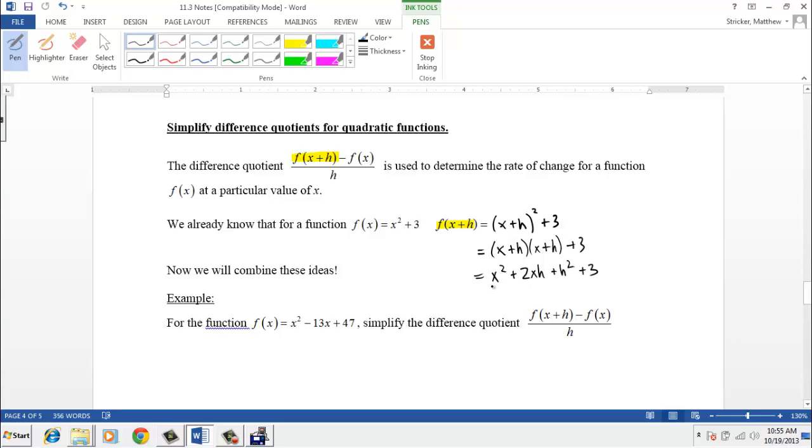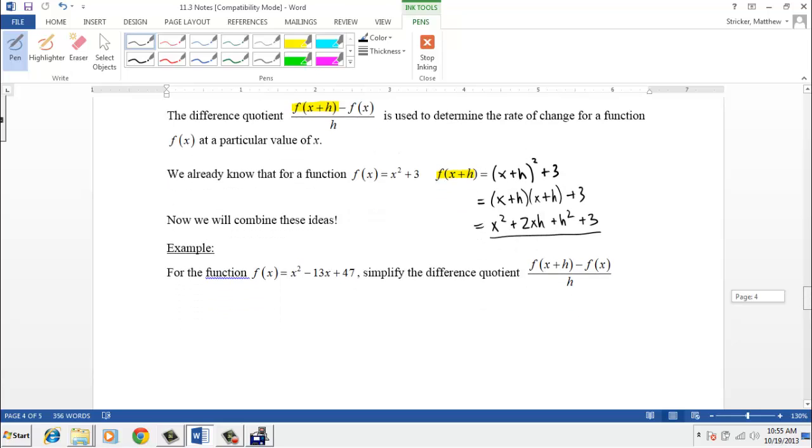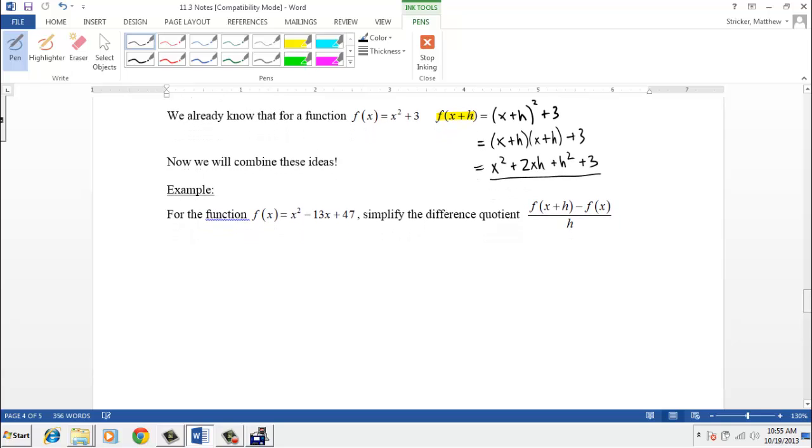So let's keep that in our back pocket. We're going to now do the example. It says for the function x squared minus 13x plus 47, simplify the difference quotient. Well, that means again we need to know what f of x plus h is. It's going to be, in this case, x plus h squared minus 13 times x plus h plus 47.